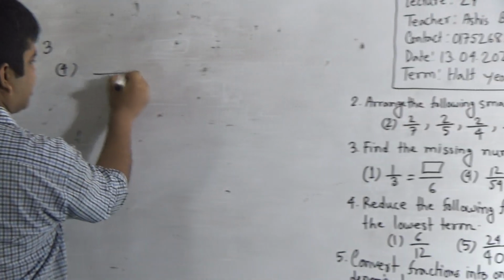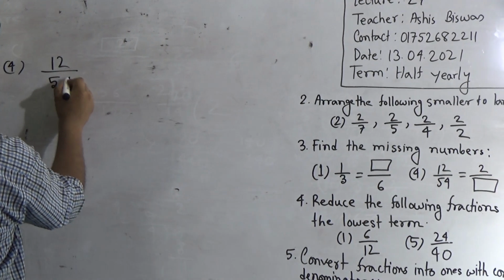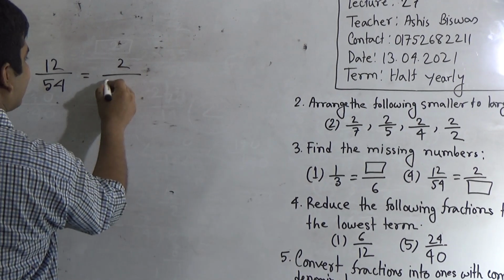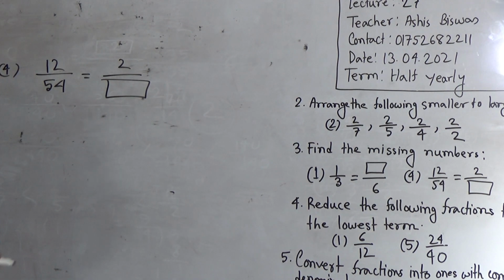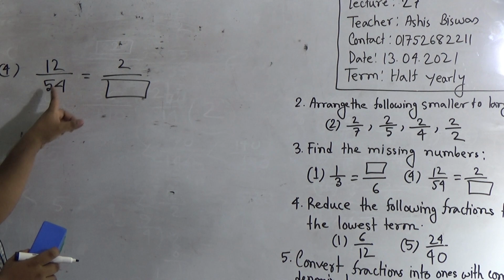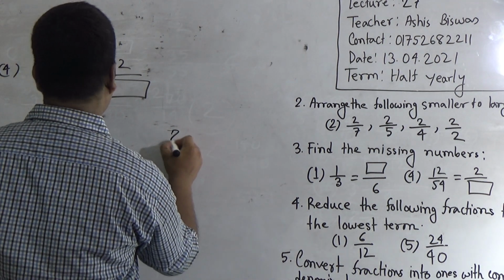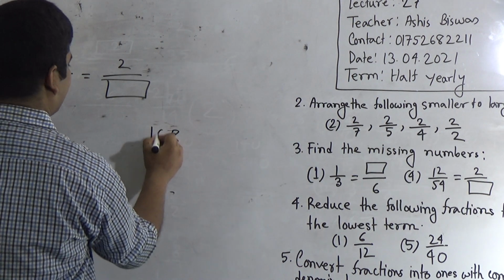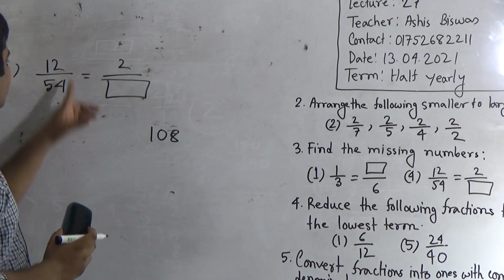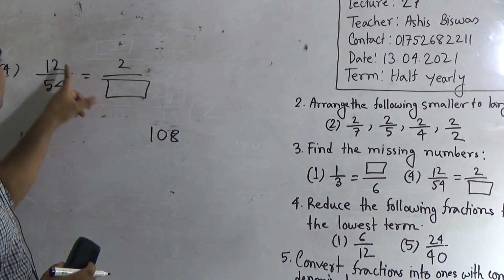Question number 3. 12 by 54 equal to 2 by gap. So my dear student, first of all we do cross multiplication. Here you notice 54 multiplied by 2. If we multiply 54 by 2, then we get 4 2s are 8, 5 2s are 10, 108. Then 12 multiplied by gap, we get 12 gap.